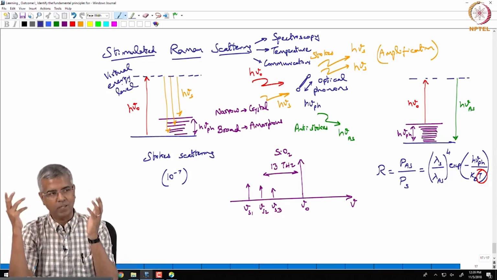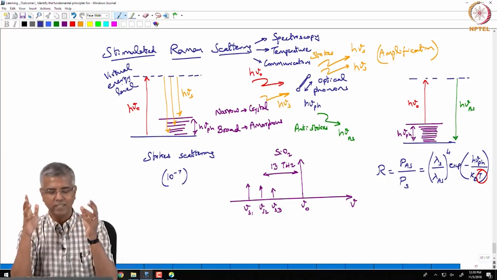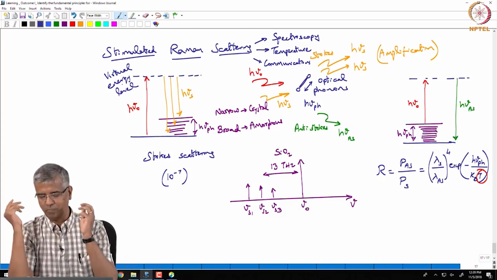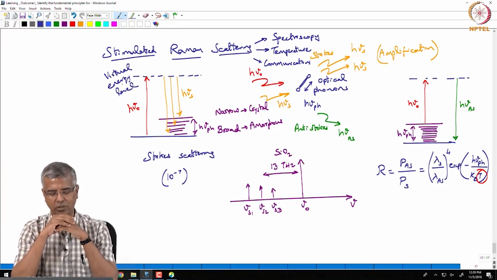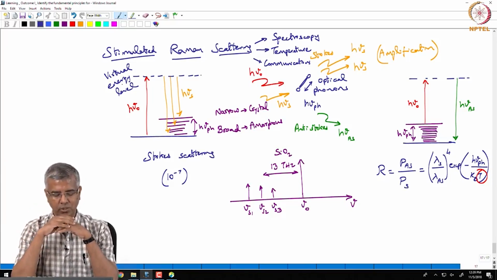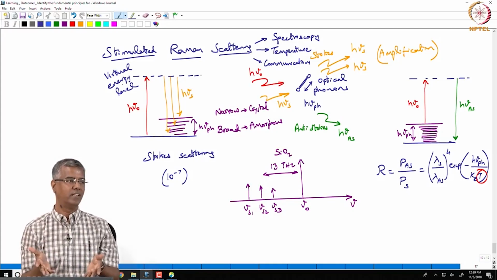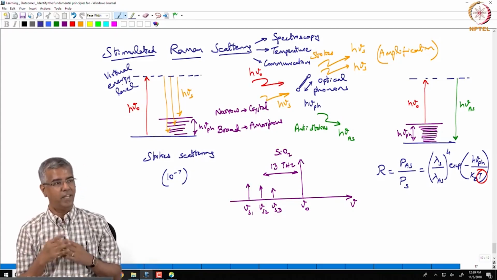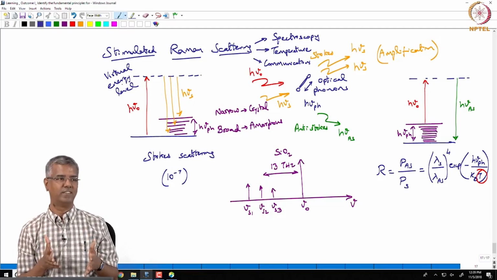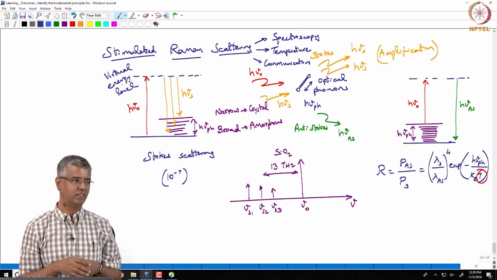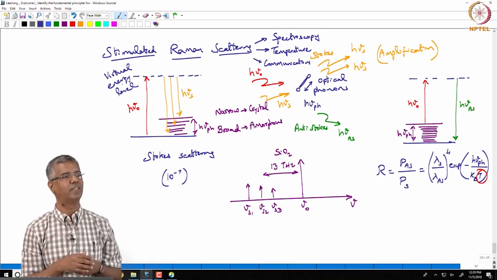If you wanted amplification at 1.3 micron, you'd either go to neodymium or praseodymium, which have specific energy levels corresponding to that. So you could not do it at whatever wavelength you want. But what about this? Here, where you get amplification is determined by what? Your pump energy, your pump wavelength.